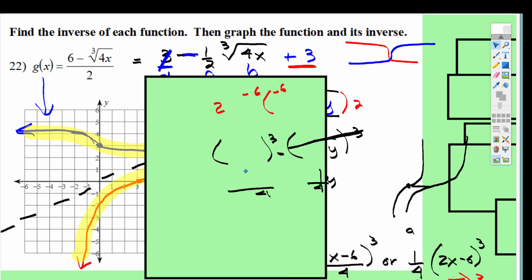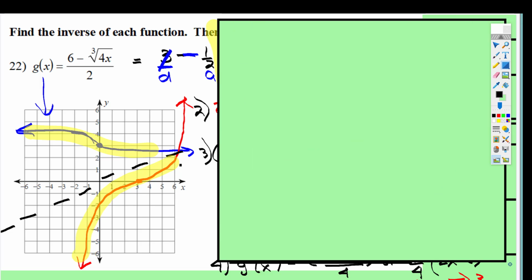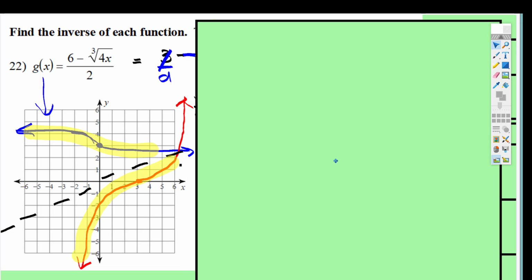So notice what happens. Let me cover all this stuff up. See this blue graph right here? This is the original, g of x, and now this is the cubic. This was the f of x, or the g, the inverse. And then how you know functions are inverses graphically?